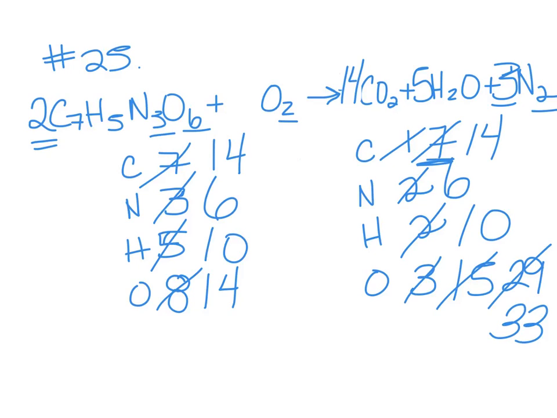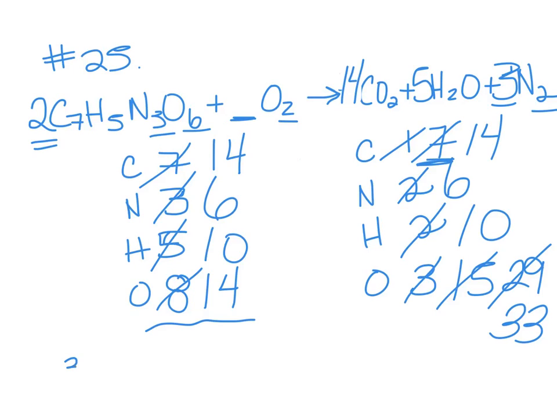And then I'll just need to find a coefficient here to balance out on my left-hand side. So this is how I figure it out. If I have 33 on my right, first of all, I need to take into consideration that I have 2 times 6 here is 12. So I have 12 oxygens already of the 33.